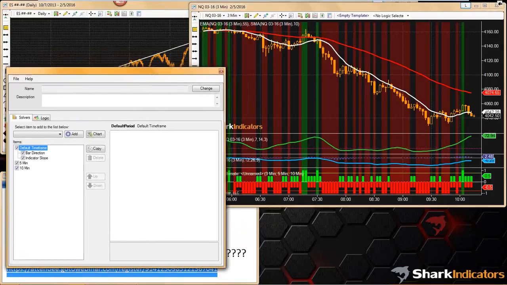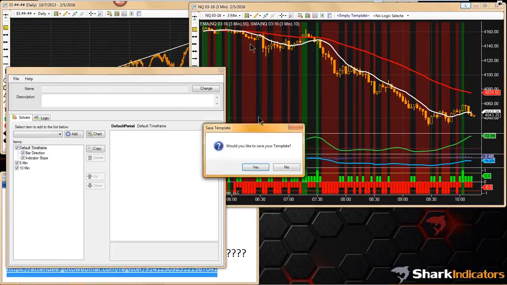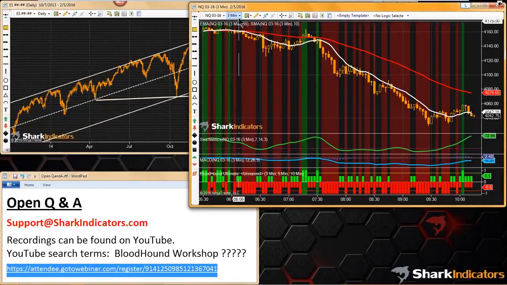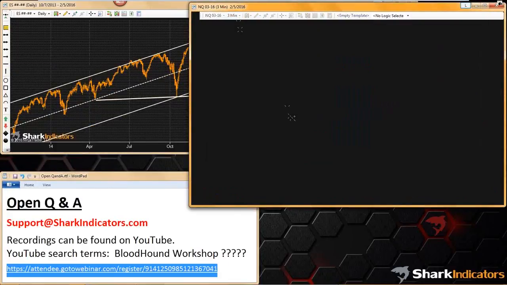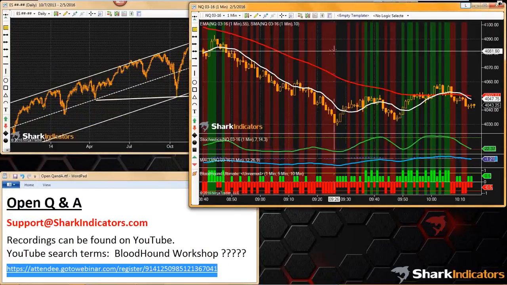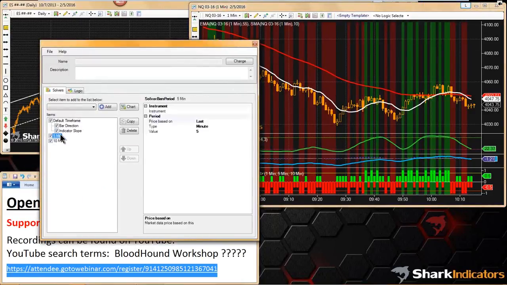So if you don't want any of your solvers to run on the default time frame, let's do something practical. So let's just make this a 1-minute chart, and let's say you want all your solvers to run on a 5-minute chart on a higher time frame.